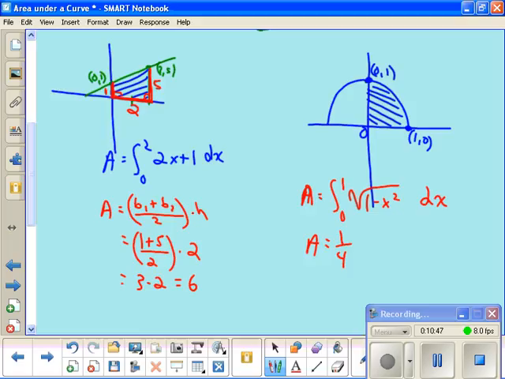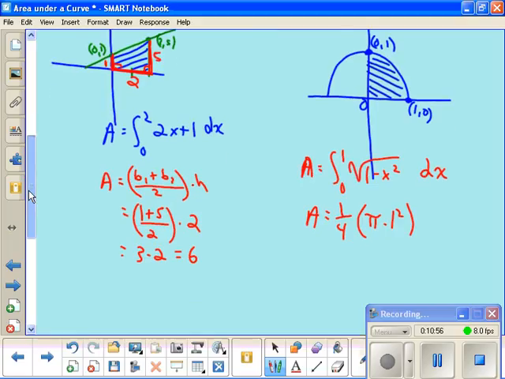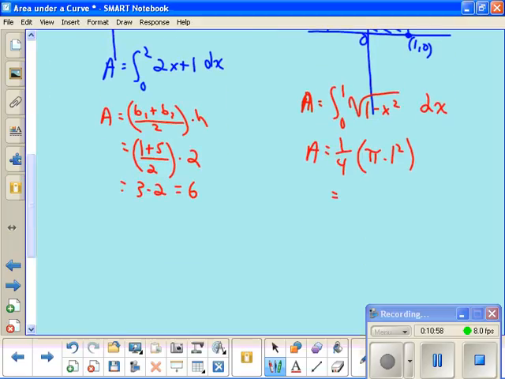The area of a circle is pi r squared. What's the radius? 1, so times 1 squared. So in this case, the area, the integral in other words, is 1/4 times pi, or pi over 4 square units, whatever units we're working in, that's the area of this integral.